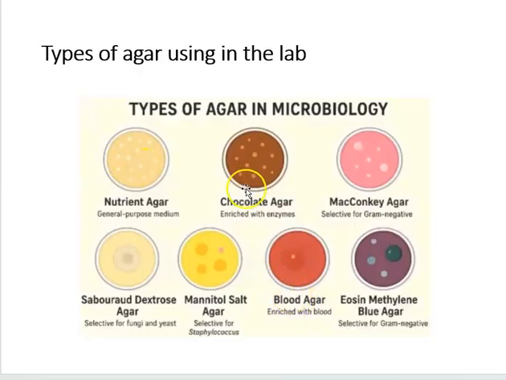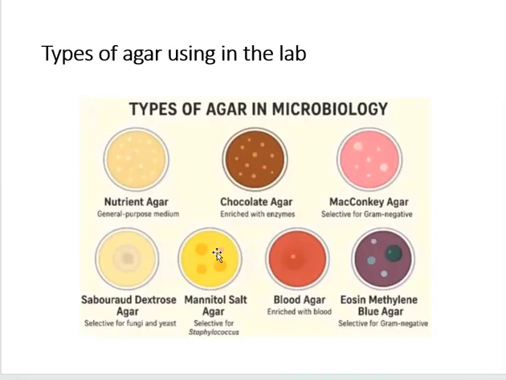We'll look at that. And then again, you cook it, it becomes chocolate. And then we have MacConkey. This is selective for gram-negatives. We can have the Sabouraud dextrose, which loves fungi and yeast, and mannitol salt, which is selective for staph, and then EMB plates, which like to grow gram-negatives.